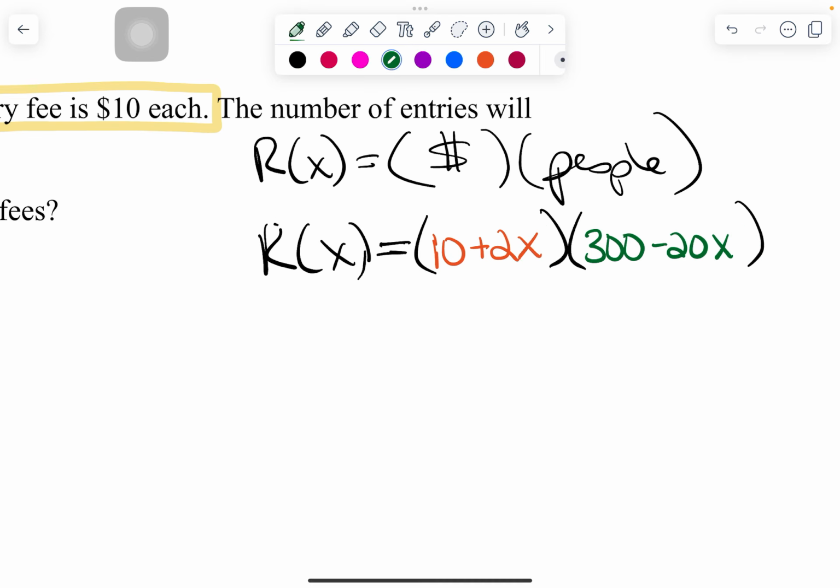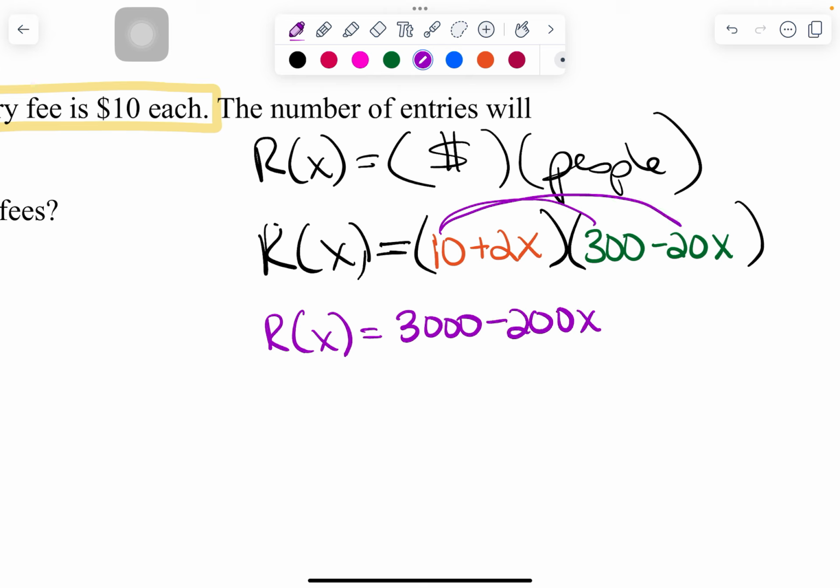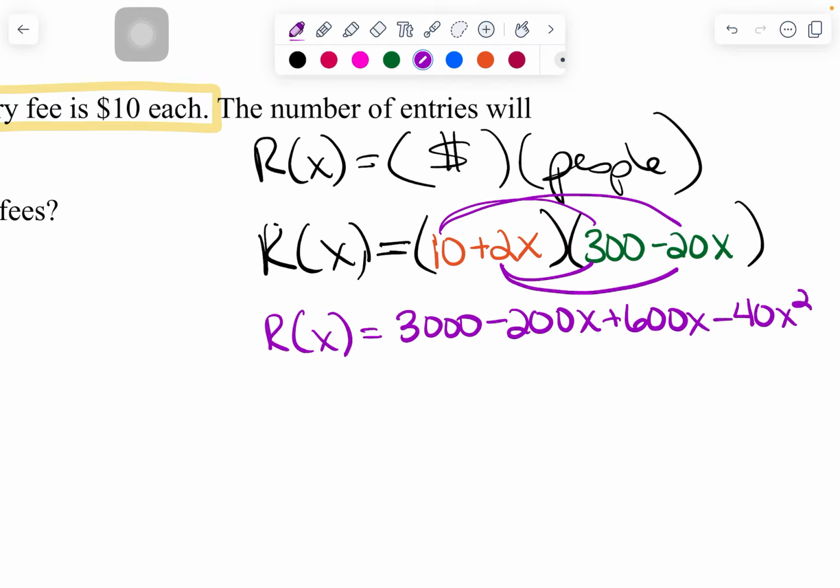All right, so a little bit of math here. Let's go ahead and multiply this revenue function out. So let's see what we got here. 10 times 300 is going to be 3,000. And then 10 times negative 20x is going to be negative 200x. 2x times 300 is going to be plus 600x. 2x times negative 20, that's negative 40x squared.